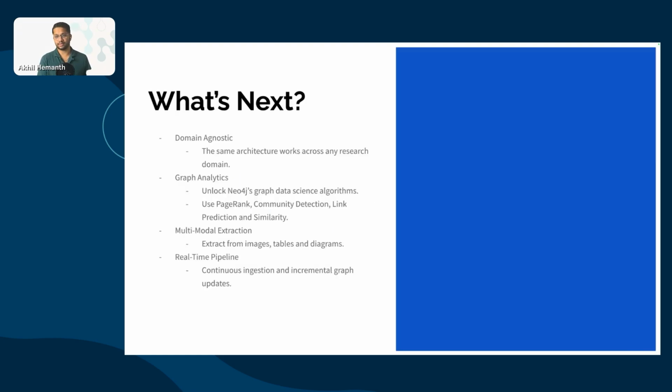So what's next? We have a couple of steps that we're looking at to improve this process even more. It is domain agnostic: the same architecture works across any research domain. That comes from looking at the types of prompts and how we can make the prompts better. But that's just step one.